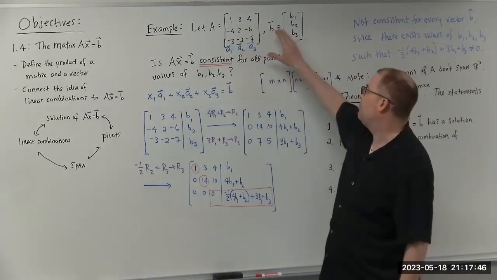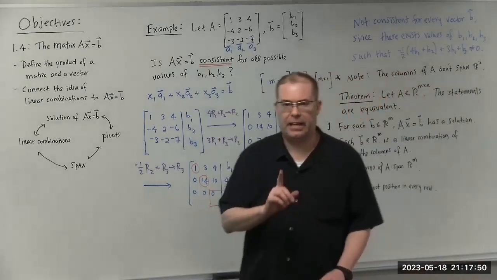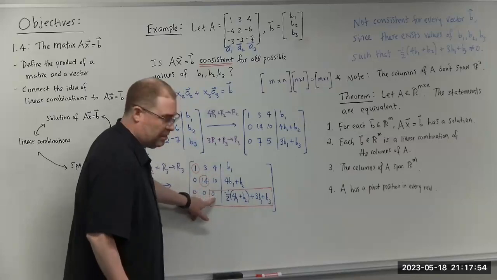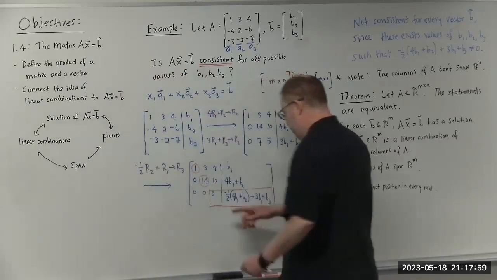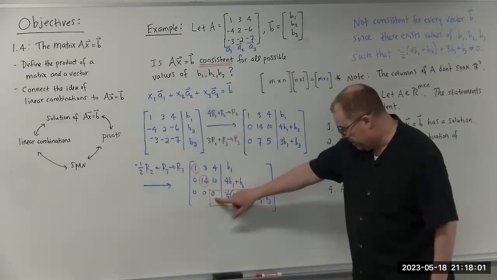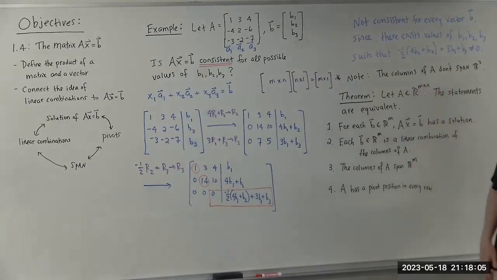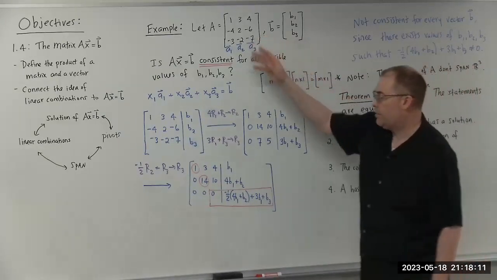We're not going to get a solution for every possible vector B. And remember, when we say pivot, it has to be a non-zero value. So if we had a non-zero value there, then we can say that every vector B has a solution for this matrix.